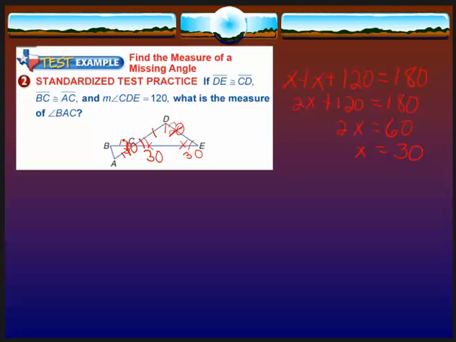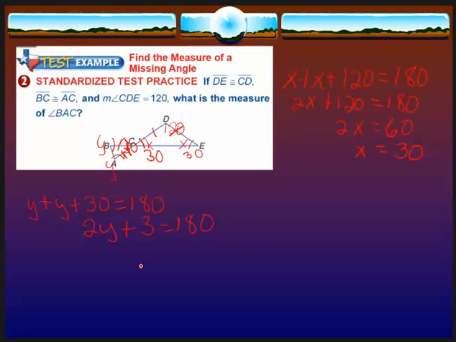Again, if these two sides are congruent, then that tells me that angle B and angle A are also congruent. I know my vertex angle is 30, so let's call this Y and Y. I can add all three angles up and make them equal to 180 degrees. Okay, do the math.